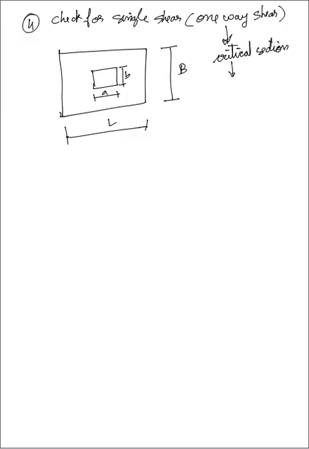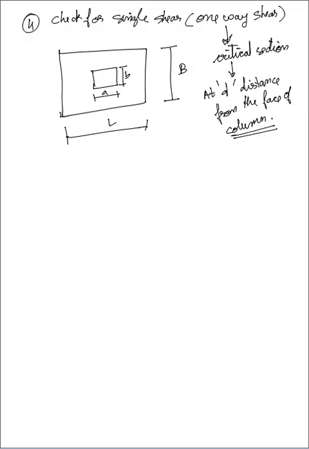Now another question: where do we take the critical section? Again remember, the critical section for one way shear is at a small d distance from the face of the column.